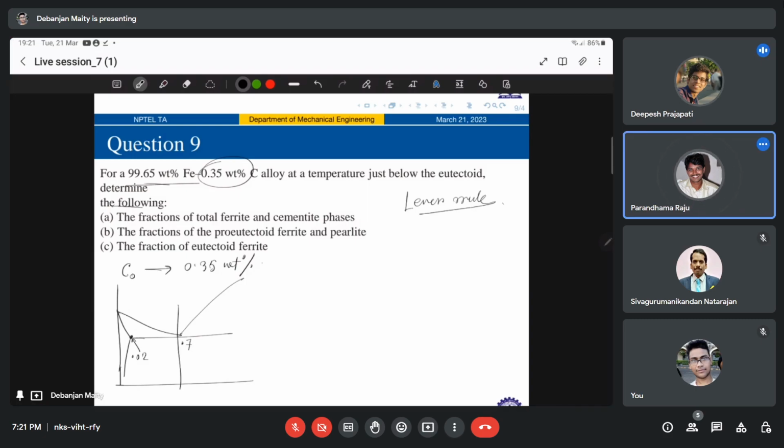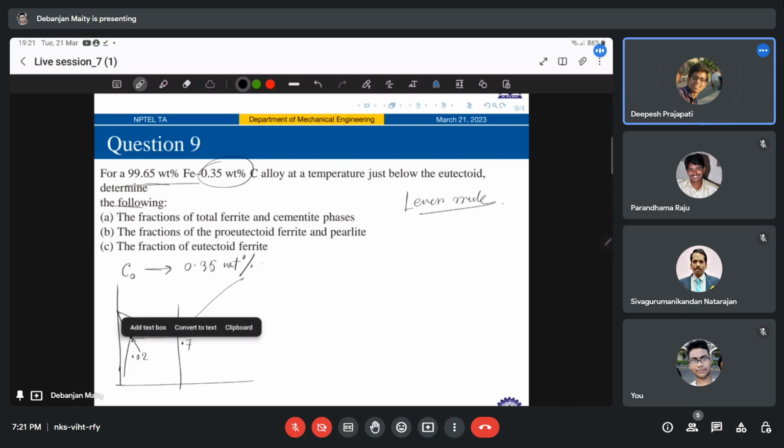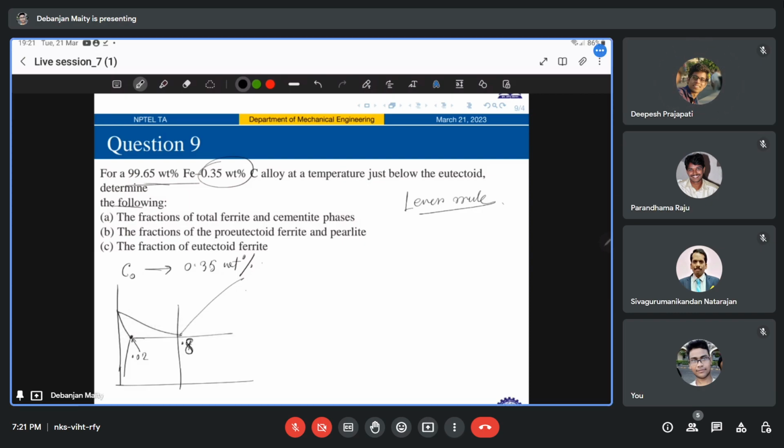This is your gamma austenite, and this is your alpha plus gamma, then this is your alpha ferrite, and then you have alpha plus Fe3C. So this is my eutectoid temperature of how much? Some 723. And then you have your C naught composition as 0.35, somewhere in between.